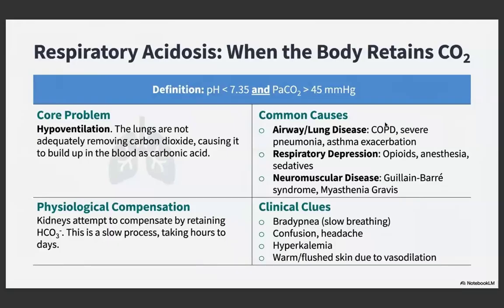When we have respiratory acidosis, it's very common for us to get hyperkalemia, so high potassium. If you guys have not watched my lecture on the electrolytes, make sure you do that. And then these individuals will have an increase in vasodilation, so that will cause warm and flushed skin.